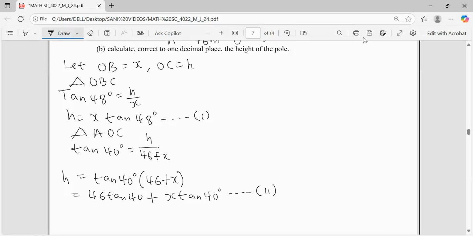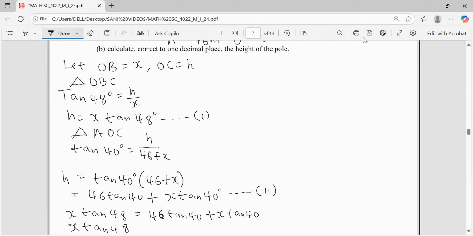So we can now equate equation 1 and equation 2, since both of them represent the height of the vertical pole. X tan 48 degrees, that's equation 1, equals equation 2, 46 tan 40 degrees plus X tan 40 degrees.